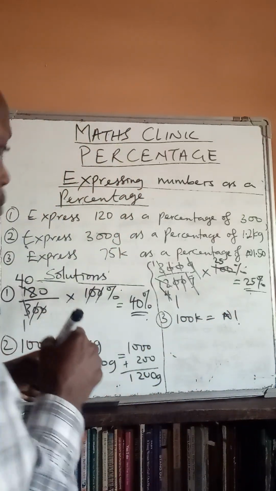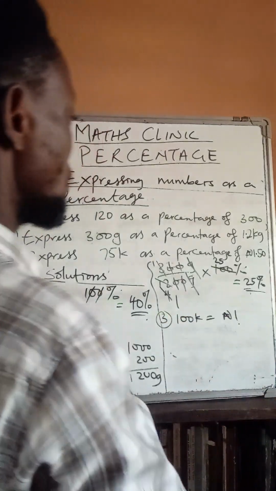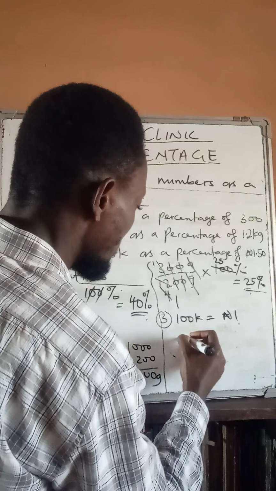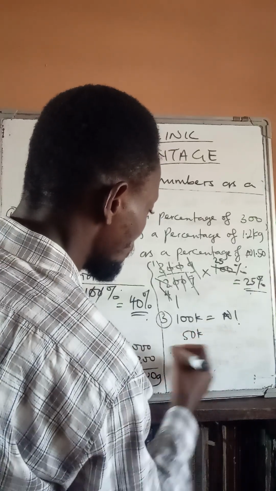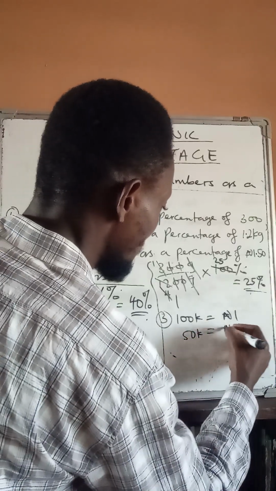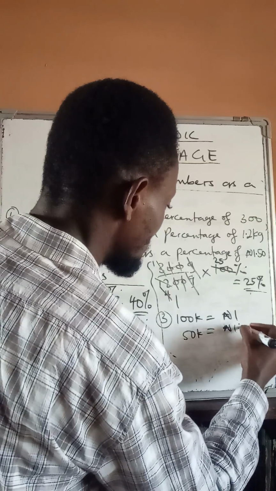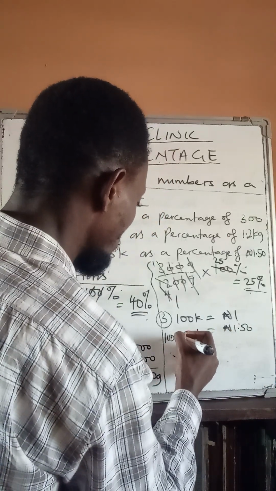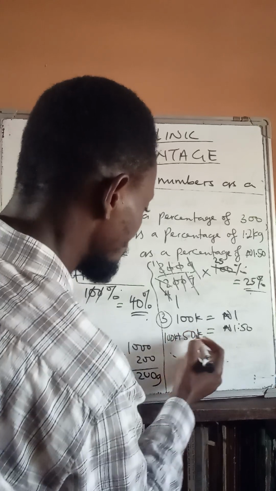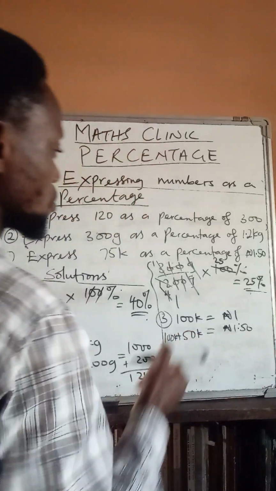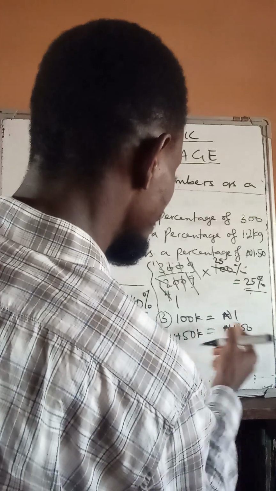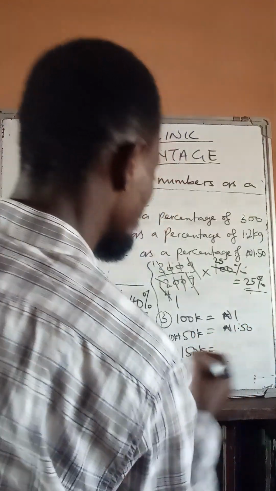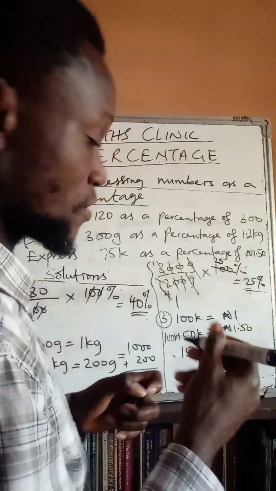When we now have 1 naira 50 kobo, it actually means 1 naira plus another 50 kobo. That is 100 kobo plus 50 kobo. So we are working with 100 plus 50, which gives us 150 kobo. This is what we are going to work with instead of 1 naira 50 kobo here.